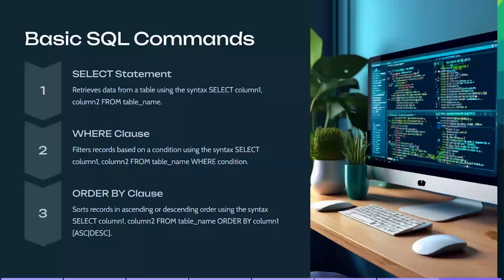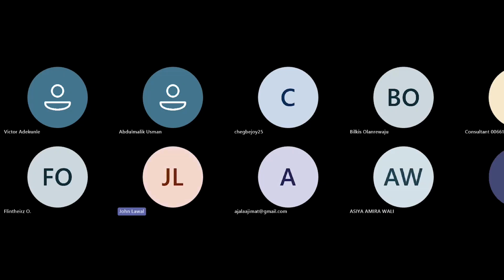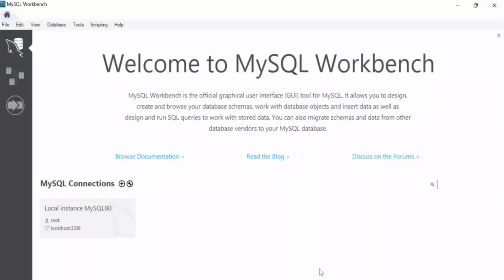All right. Let me stop sharing this and then we'll go over to the workbench. Okay, so I have my workbench here before you. I will just go over into my local instance.